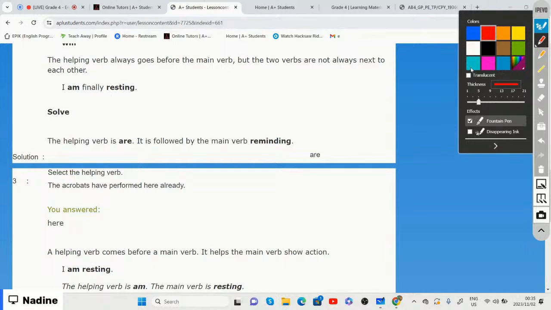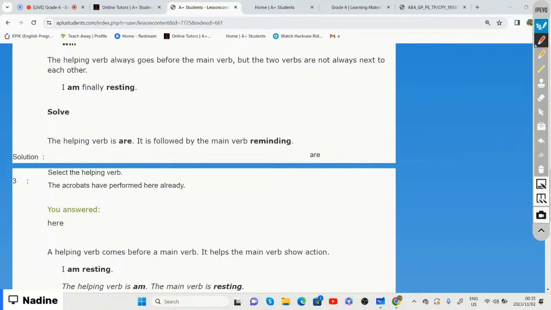What did the acrobats do? So we need to identify the main verb, something that the acrobats did.